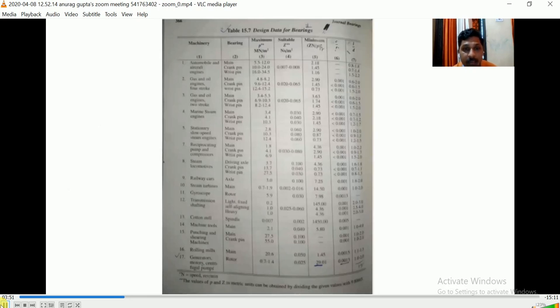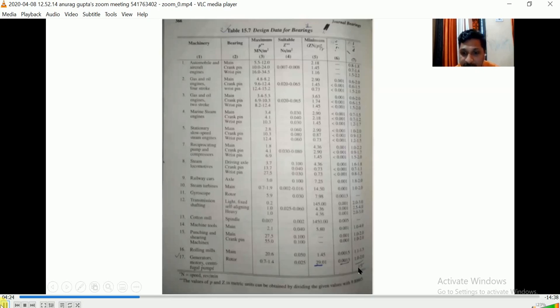I'm showing the table here. In the first column at serial number 17, you will have generator, motor, centrifugal pumps. So our application is a centrifugal pump. The appropriate L by D ratio is given as 1 to 2, and for a centrifugal pump it is given as 1.5.